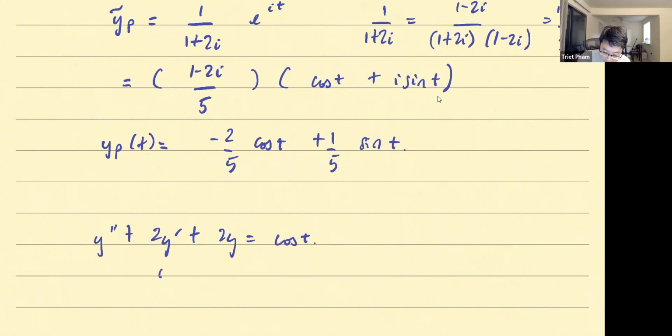Then can you guess what yp is right away? What's yp in this case? It's cosine.